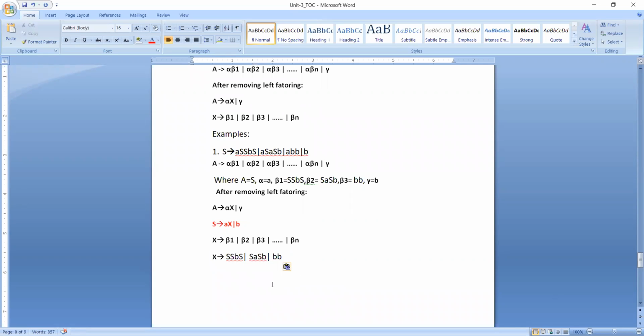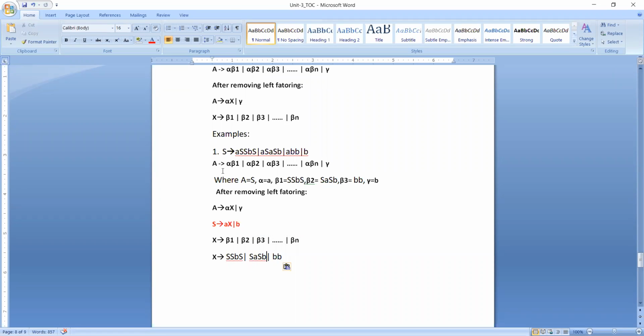But if you observe thoroughly here, there is one more point available over here. If you observe this X production, which is a new production, again this production has also been involved in left factoring. Please observe over here. What is the first symbol we have? Capital S. What about the first symbol present in the second production, which is also capital S?